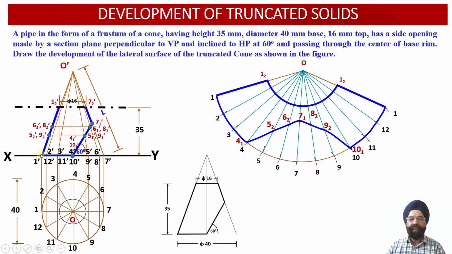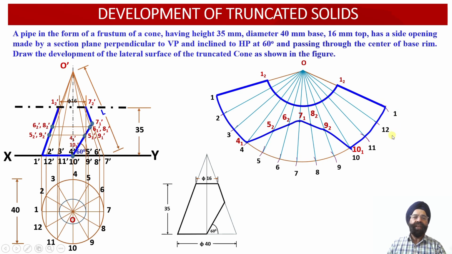Now we can observe this segment, this semicircle onto the base, has not been intersected by this auxiliary inclined plane over here. So that is why this portion 1, 2, 3, 4, 10, 11, 12 and 1 remains as the uncut portion of the base of this cone over here.